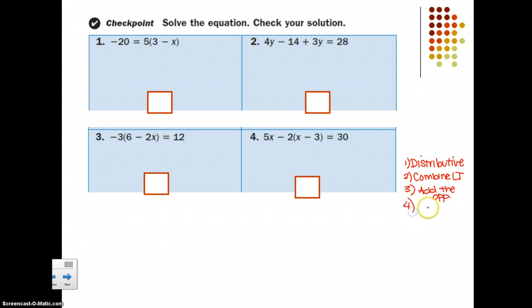And then the last thing you're going to do is multiply or divide. And a lot of times we've been dividing, but you could multiply the coefficient. We add the opposite of the constant. You might want to write this down. These are the steps that you need to know in order to simplify.